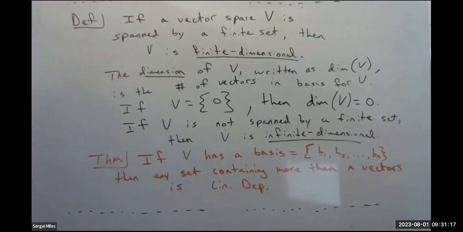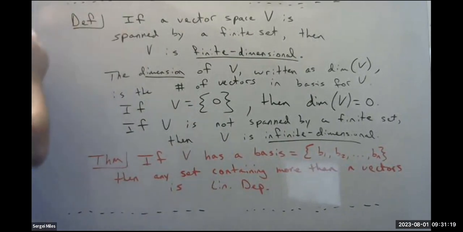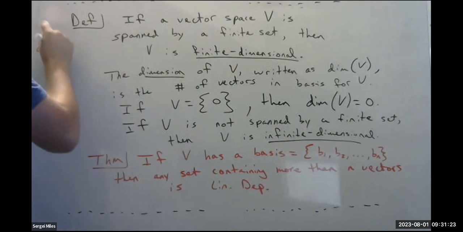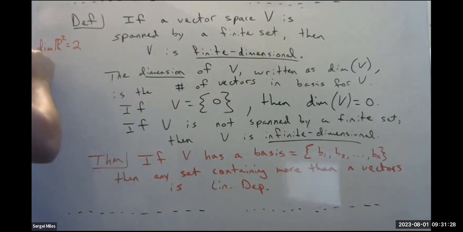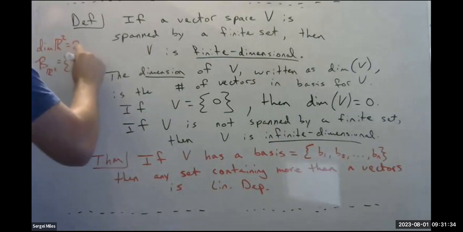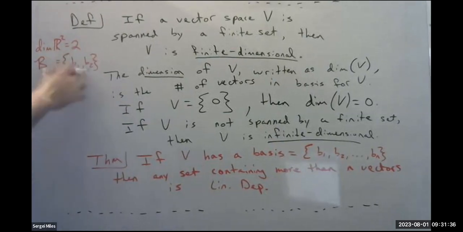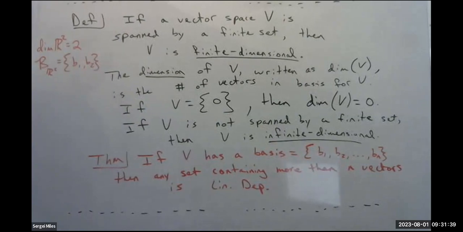Well, think about R2 for a moment. We know R2 is two-dimensional, right? We know the dimension of R2 is 2, and we know the basis for R2 is a basis of 2 vectors. So long as the 2 vectors are linearly independent, that's going to be a basis for R2.